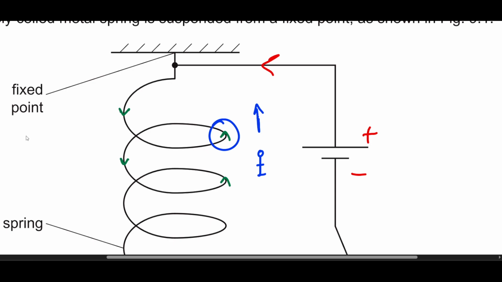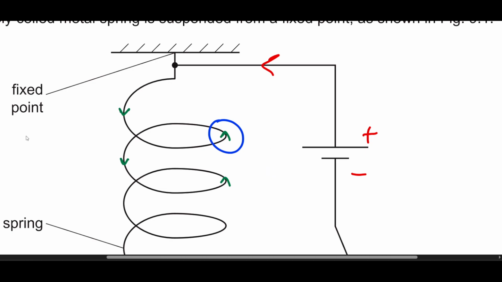So if the current is moving away from our perspective, the magnetic field is supposed to be circular around the current carrying wire. So the thumb should be pointing into the screen. And if you draw the curl of the fingers, your fingers will go like this. We are using the right hand, not the left hand. Please make sure of this.